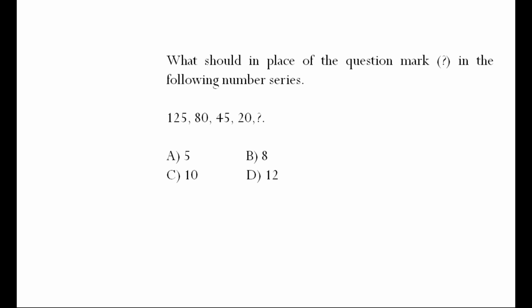Now see this question: 125, 80, 45, 20. This is like slow decreasing. If it is slow decreasing, what do we have to do? We should take the difference between numbers. So here, this is minus 45, this is minus 35, this is minus 25. Now you should perform minus 15.